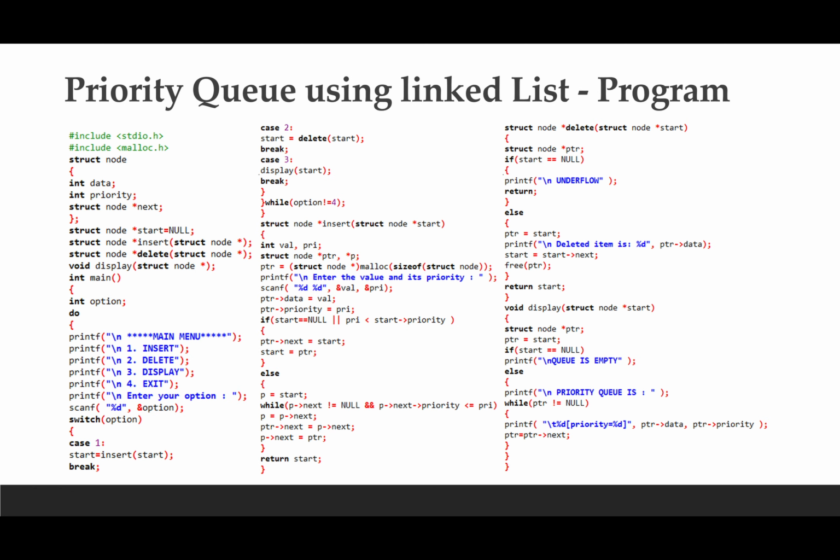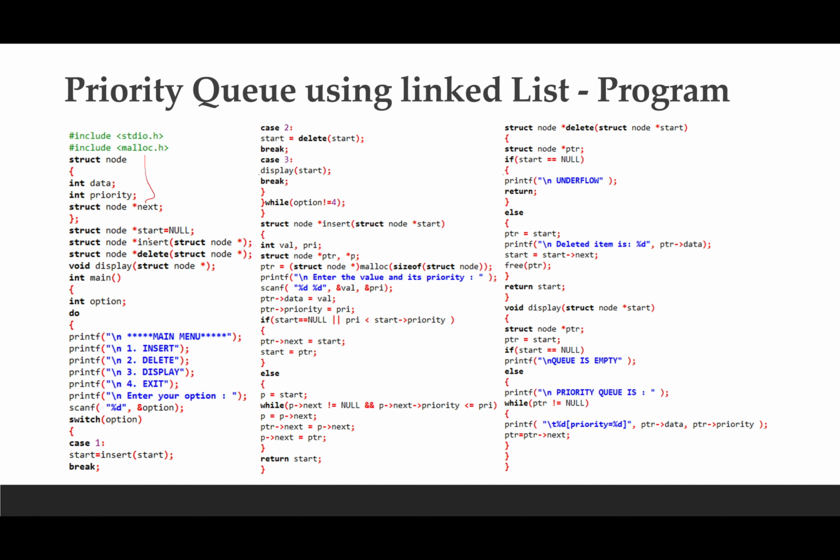And this is the code. As it is a linked list, we have to use the structure concept. For other structures it contains only two members, the data and next, but here the node is divided into three parts, so we have to use three members: data, priority and the star next.